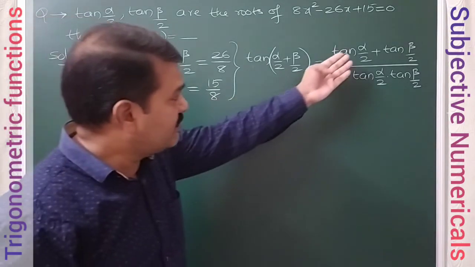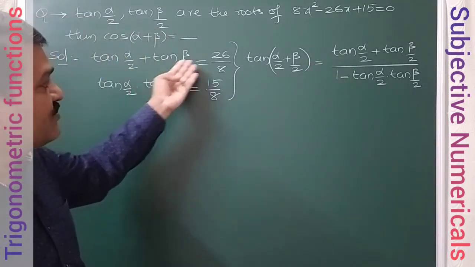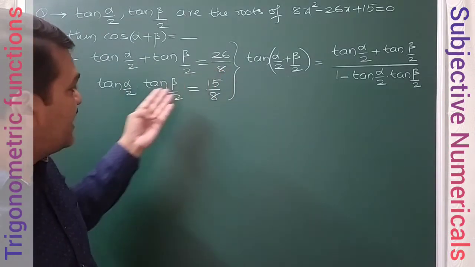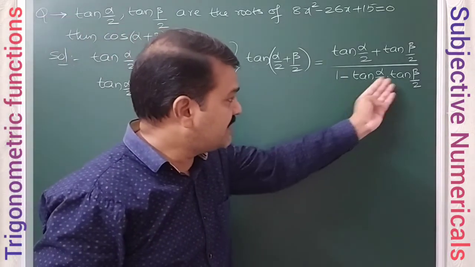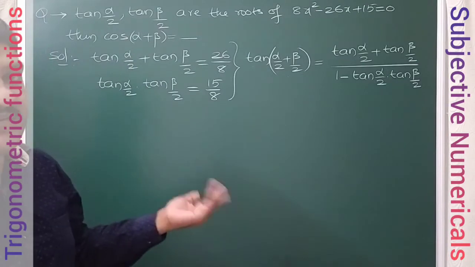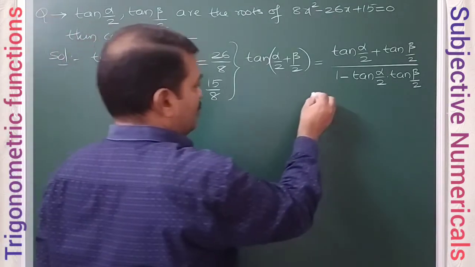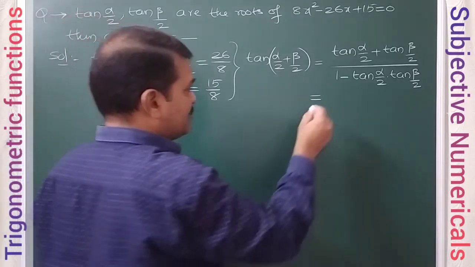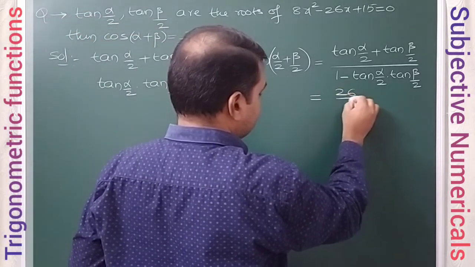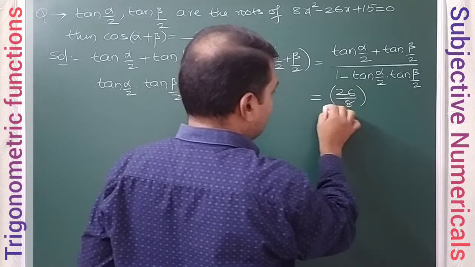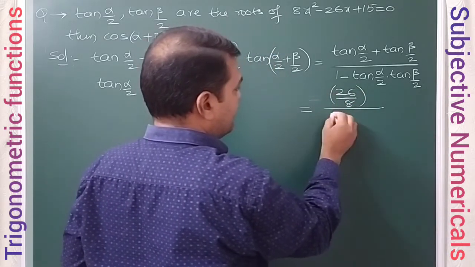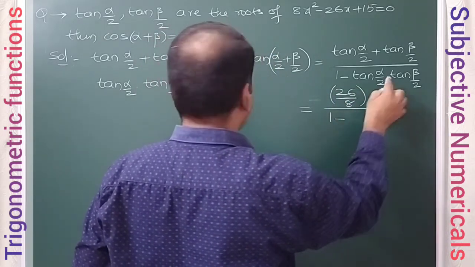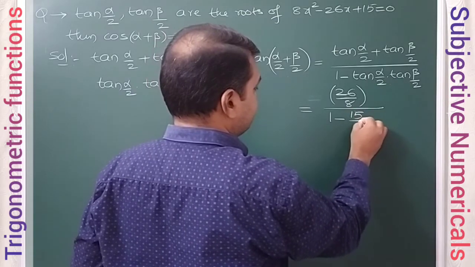You see, now the numerator is nothing but the sum of the roots formula, 26 by 8, and the denominator is nothing but the product of the roots, 15 by 8, so we can use it clearly. So when I substitute, the numerator is 26 by 8 and the denominator is 1 minus 15 by 8.